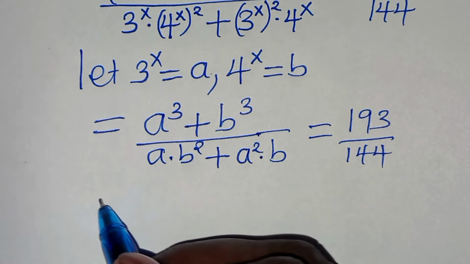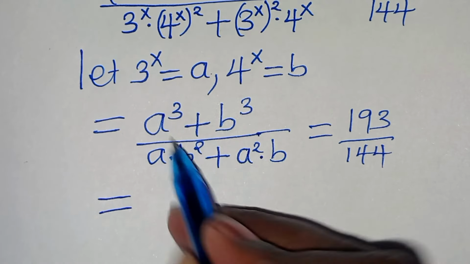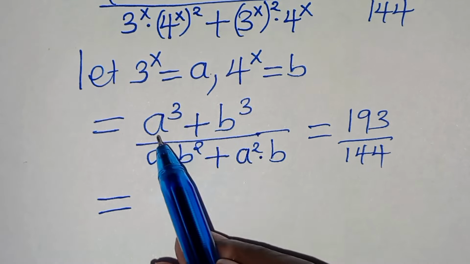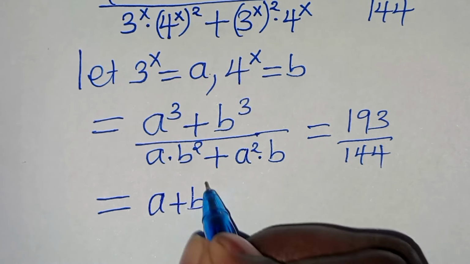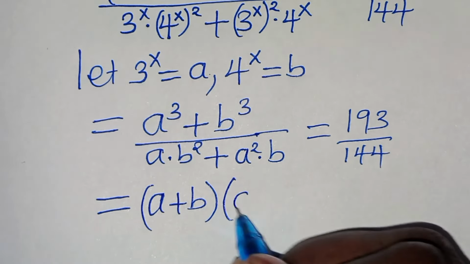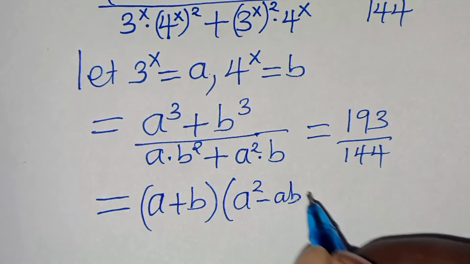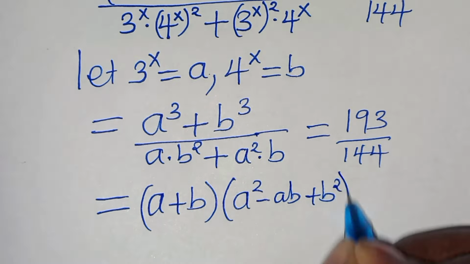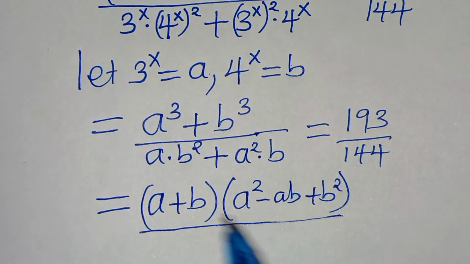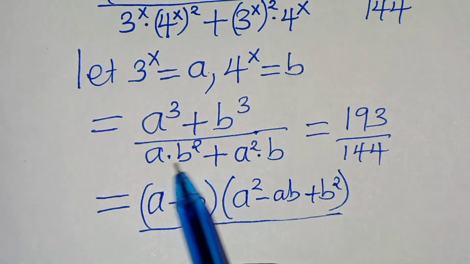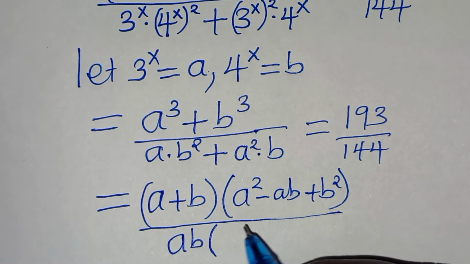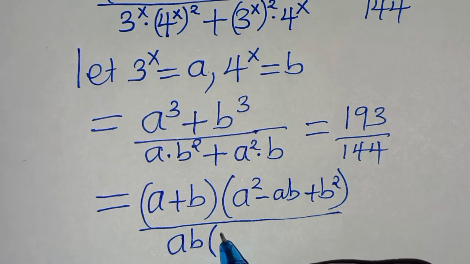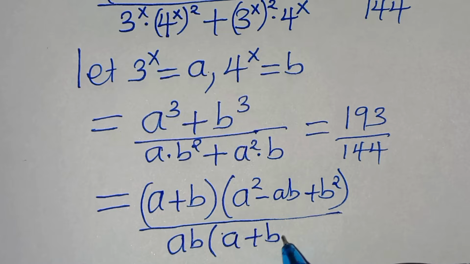So this means that we have a to the power of 3 plus b to the power of 3. This is the sum of two cubes that we can express as a plus b multiplied by a squared minus ab, then plus b to the power of 2, everything here divided by, now here we can factor out ab into the parentheses. This is the same thing as, this is what we have as a plus b.